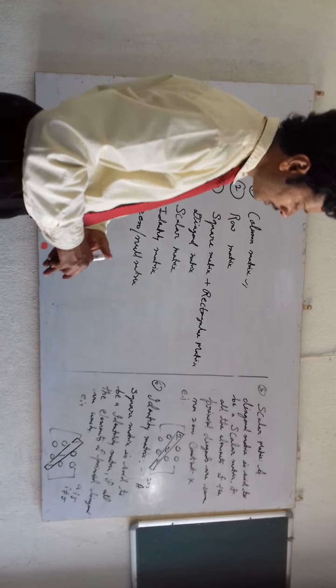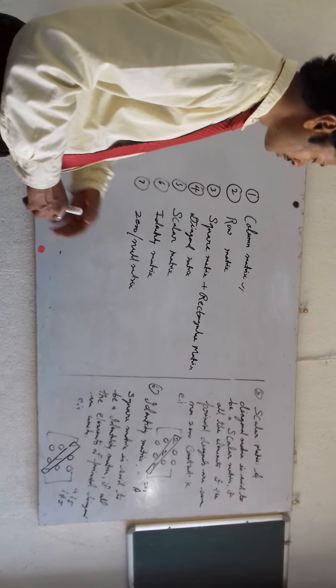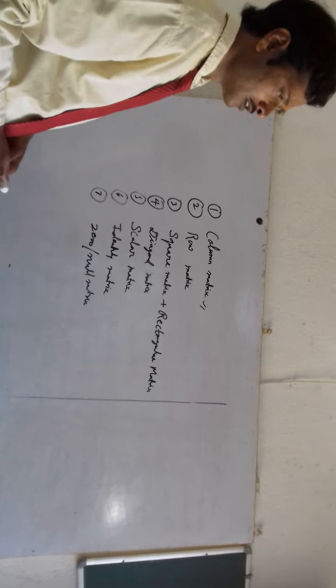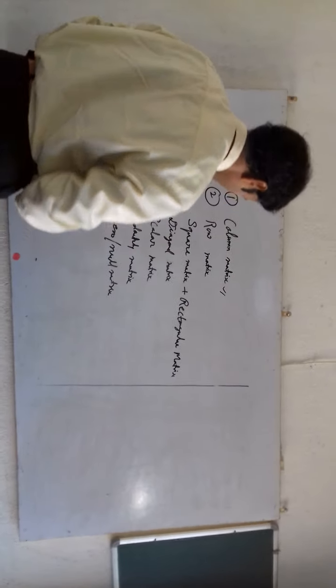Now let's understand the next matrix, that is called the zero or null matrix. The last matrix is the zero or null matrix.